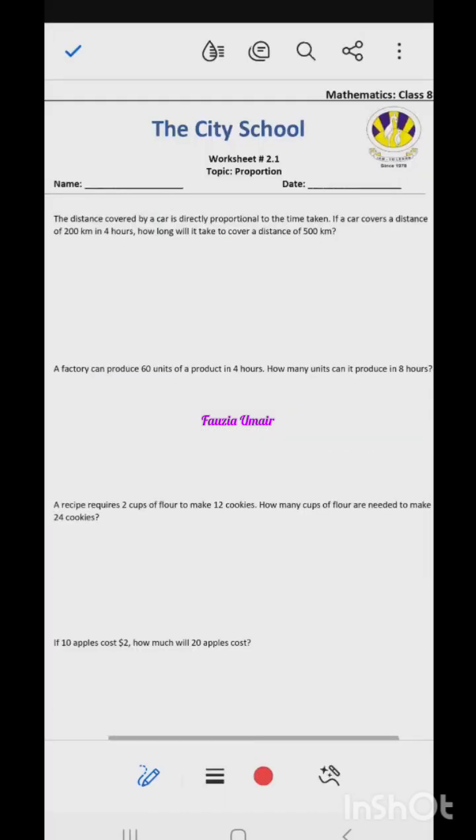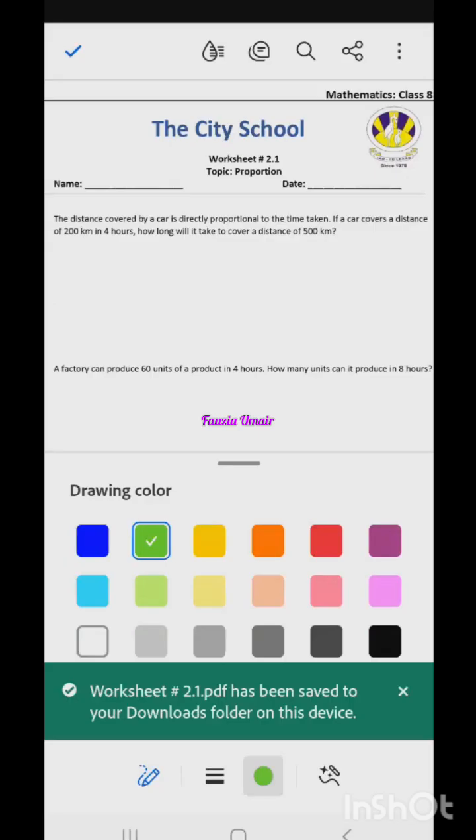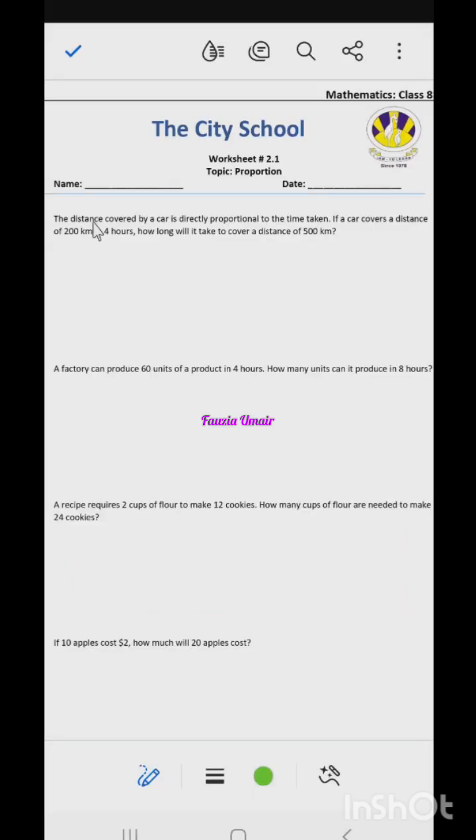Let's read the question first. The distance covered by a car is directly proportional to the time taken. If the car covers a distance of 200 kilometers in 4 hours, how long will it take to cover a distance of 500 kilometers? Whether it is direct proportion or inverse proportion, we will use the same method.